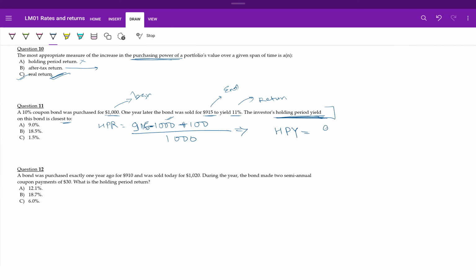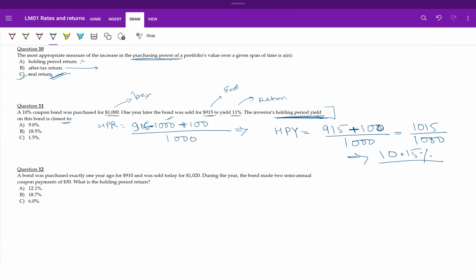So 915, we sold it, and $100 of coupon, divided by 1,000. So 1015 divided by 1,000 is going to give us a holding period yield of 1.015.